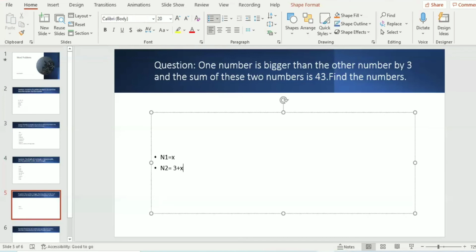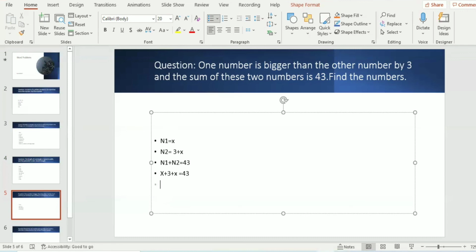So it's 3 plus x. And the sum of these two numbers is 43, means n1 plus n2 is equal to 43. And as we know that n1 is equal to x, x plus 3 plus x is equal to 43.